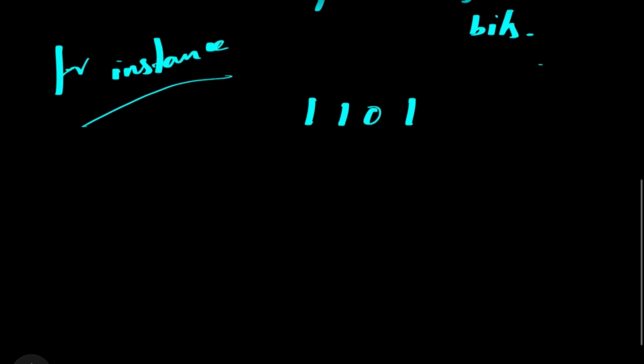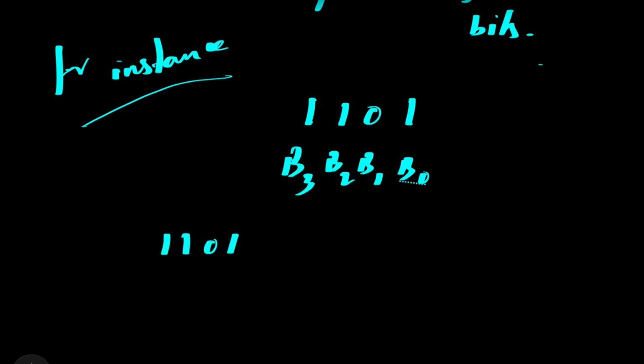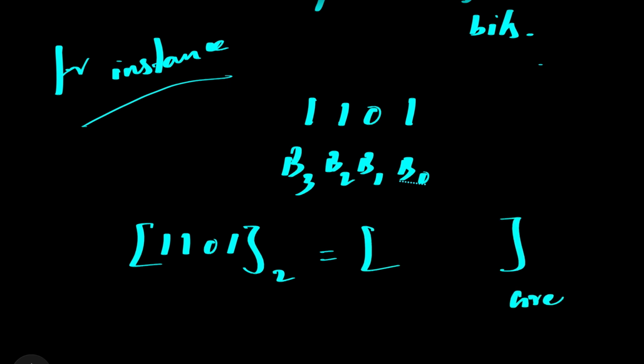Now it is in binary, and we know these are the bit positions: 0, 1, 2, 3. The base is 2. We need to convert it to the gray code.